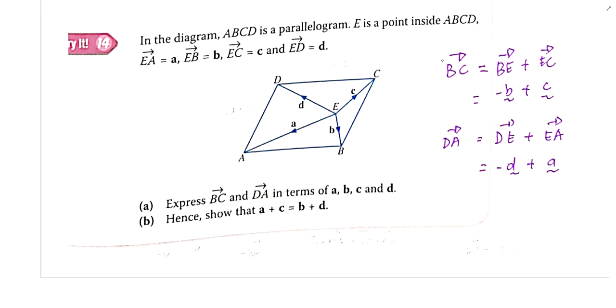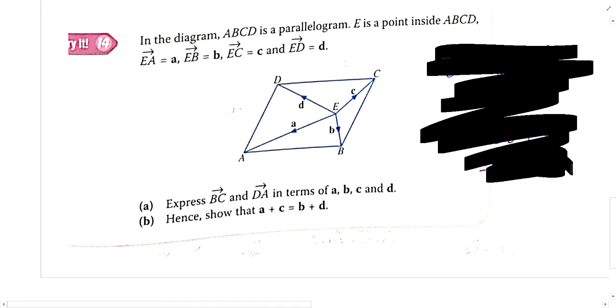Okay, so try it. 14 over here. Okay, part A. This one you all should be able to do. BC is equal to minus B plus C. And the next one, DA equals to negative D plus A. Alright, now this is the part that some of you need help with.